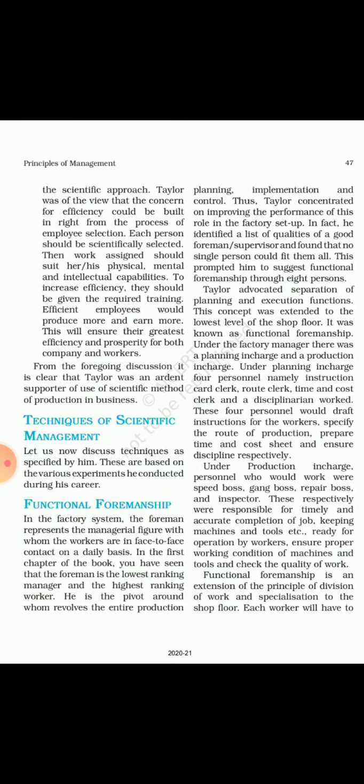First, functional foremanship. In this technique, Taylor suggests the division of the factory into two departments, planning department and production department. As Taylor felt that workers must be free from the burden of planning and must keep their minds on work and production only.